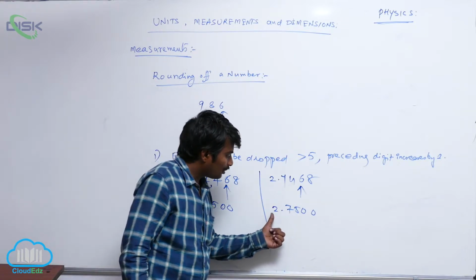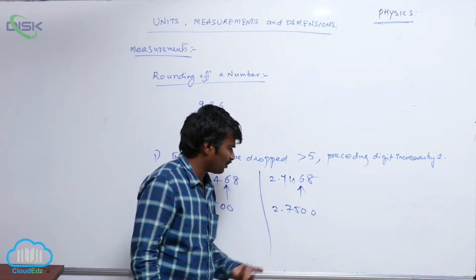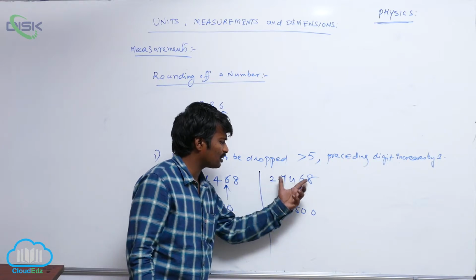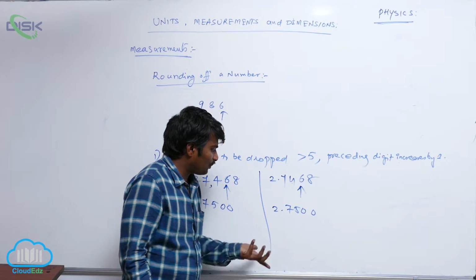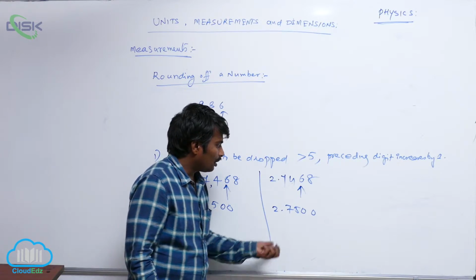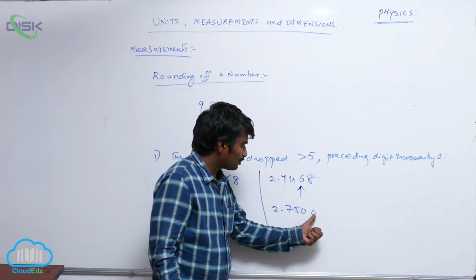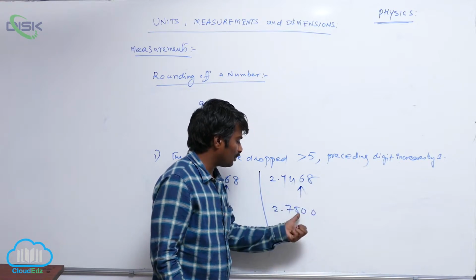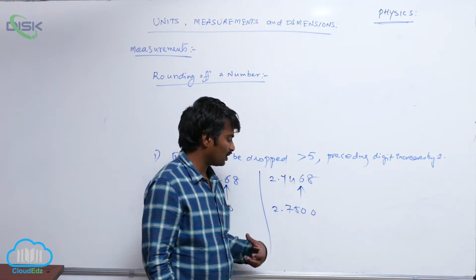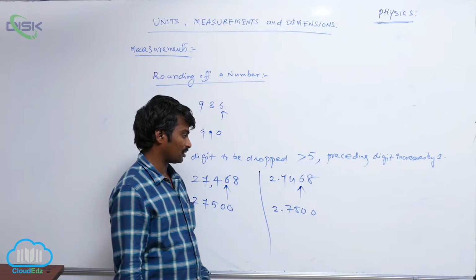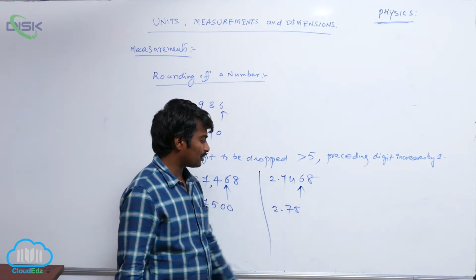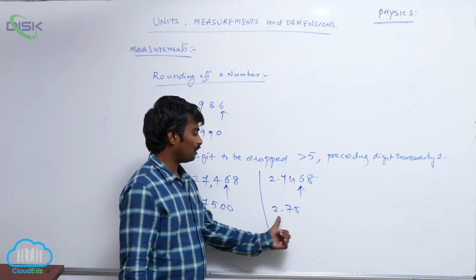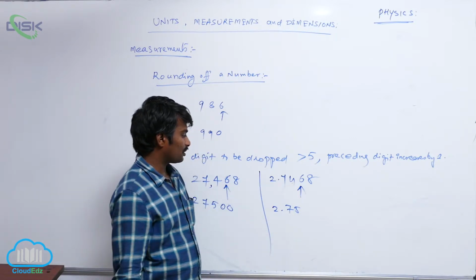That's why this number also has 5 significant figures. There is no use of dropping this 6 and 8 and writing zeros, because I need 3 significant figures. If you write these zeros, of course you may drop 6 and 8, but still this number has 5 significant figures, not 3. That's why you should not write these zeros, then it will become 3 significant figures.